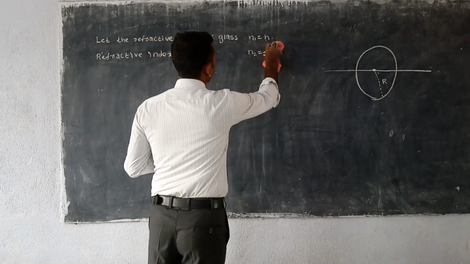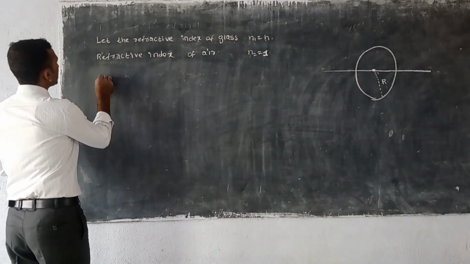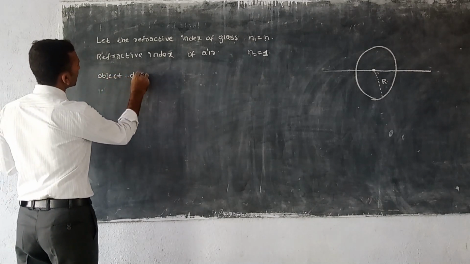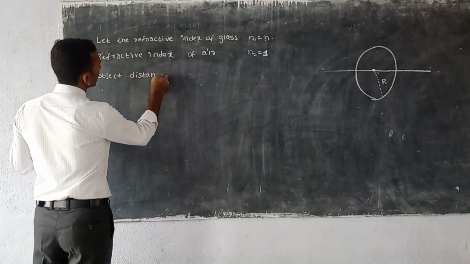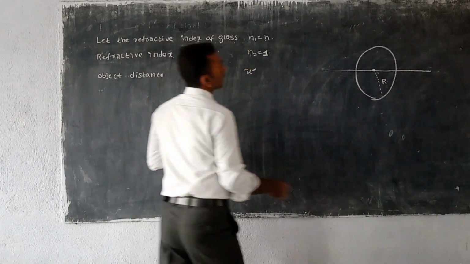Object distance u equals, where is the object here?